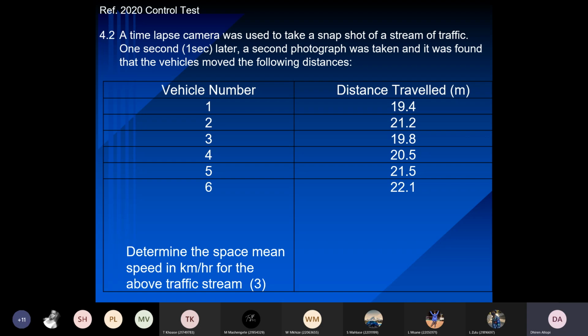You observed 6 vehicles and the vehicles moved that distance in meters. Since you're looking at distance in meters, obviously you're looking at space mean speed. The question says determine the space mean speed in kilometers per hour for the above traffic stream. That question you would do in your tutorial period that's coming up very shortly.